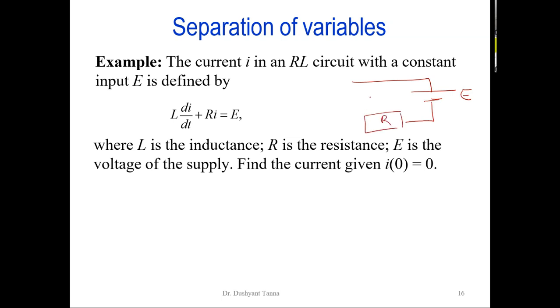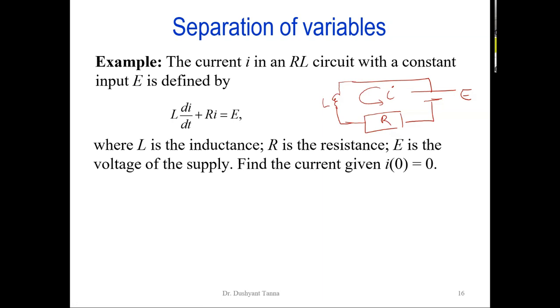We've got an R here, L here, and the current flow is I. In the RL circuit, with a constant input E, the current is defined by this. L is inductance, R is the resistance, E is the voltage supplied. Find the current given I of 0 is 0.